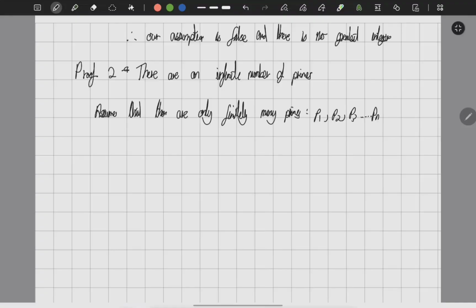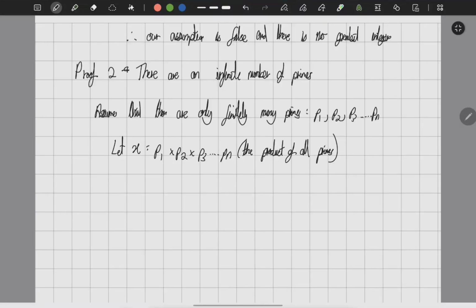Now this is a bit tricky to see, but I'll explain. I'm going to let x, a number, be equal to the product of all these primes. So I'm assuming there are a finite number of primes and x is these primes all multiplied together.